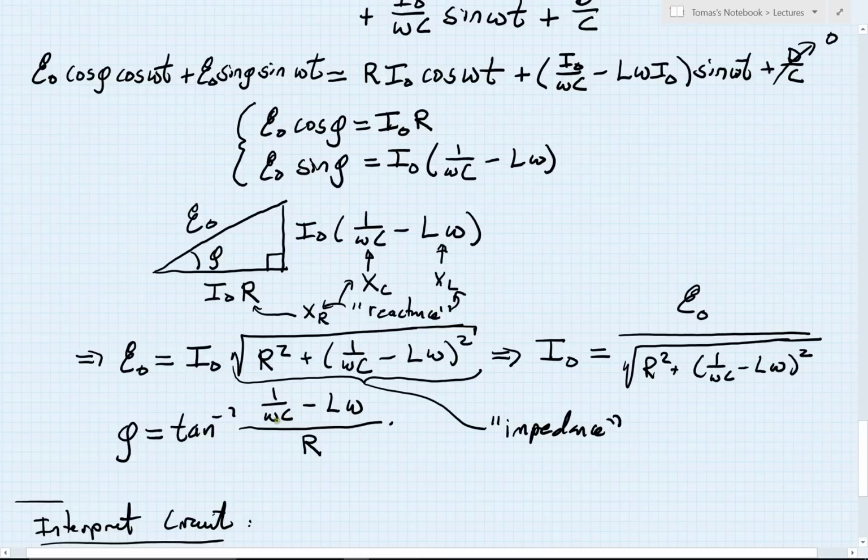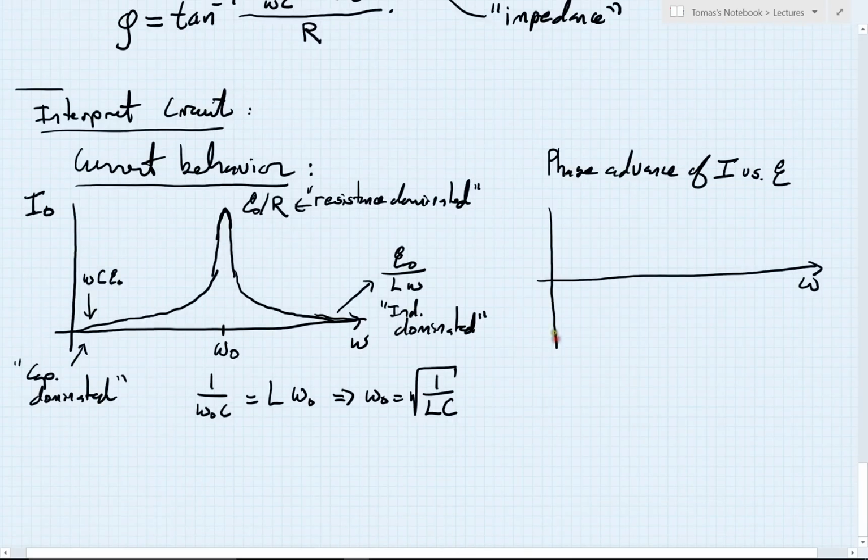The arctangent of infinity is pi over 2, but when omega is large, I'm getting a very large negative number, so I have to approach minus pi over 2. So the phase advance goes to minus pi over 2 for very large frequencies, which is another way of saying, since this is negative, that there is a phase lag as the frequency goes to infinity.